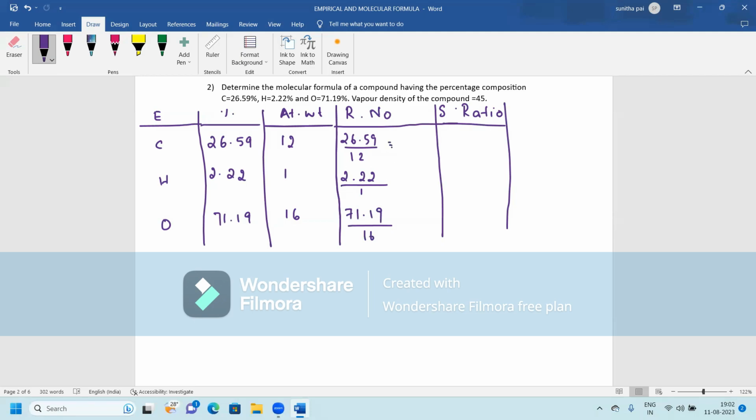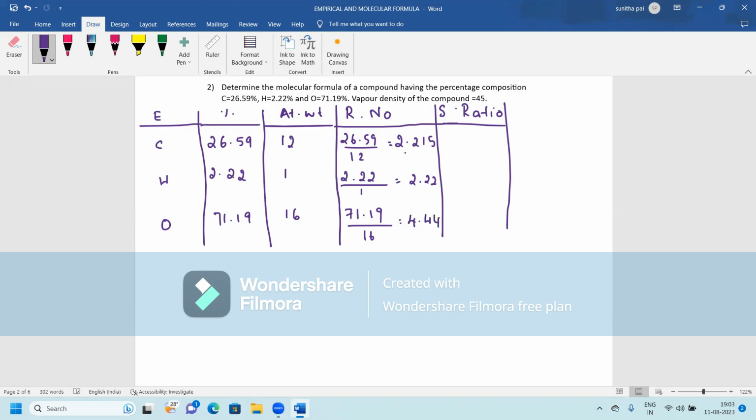Now, 26.59 by 12. This is 2.215, and the second one is 2.22, and the third one, 71.19 divided by 16, is equal to 4.44.